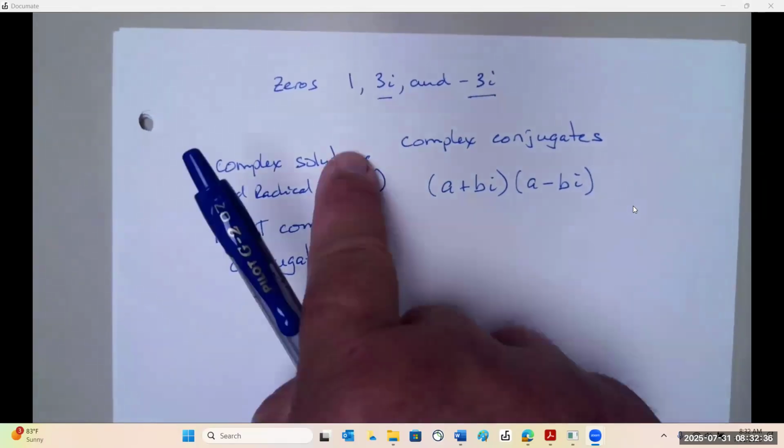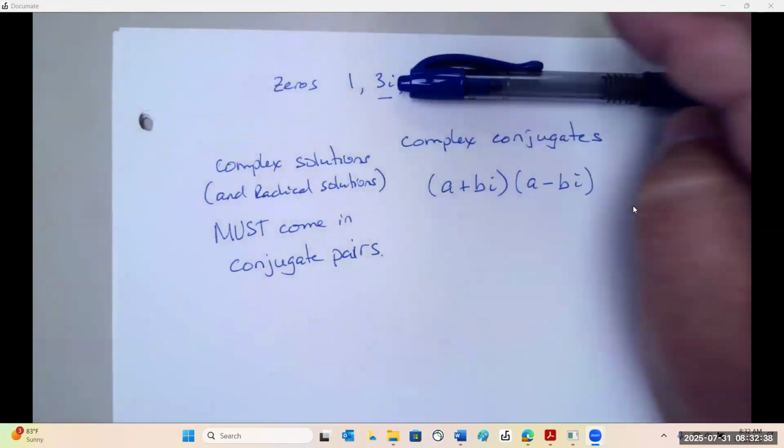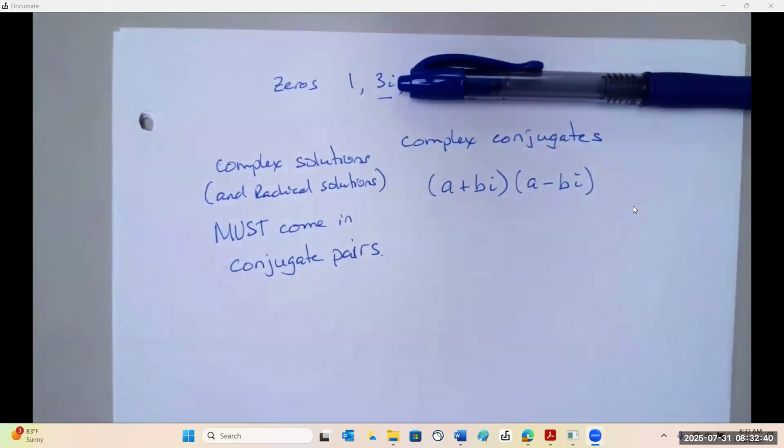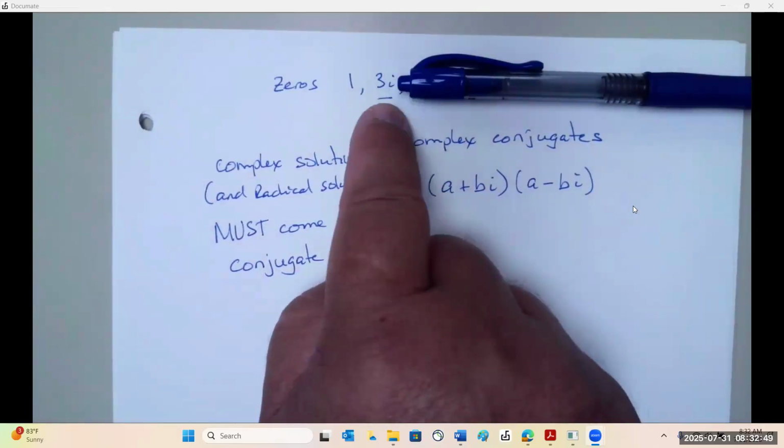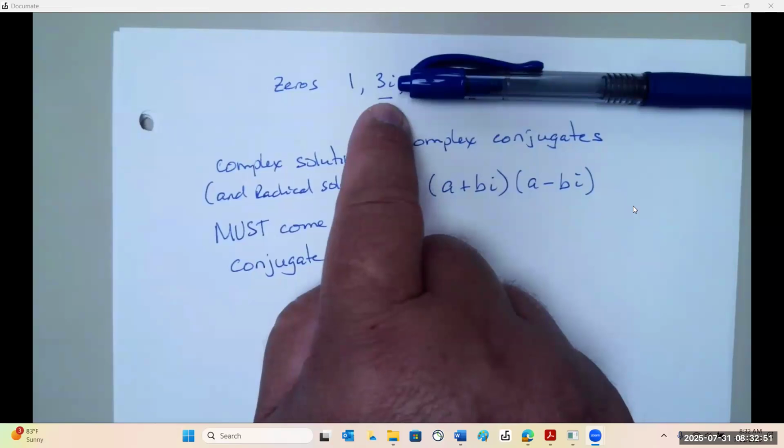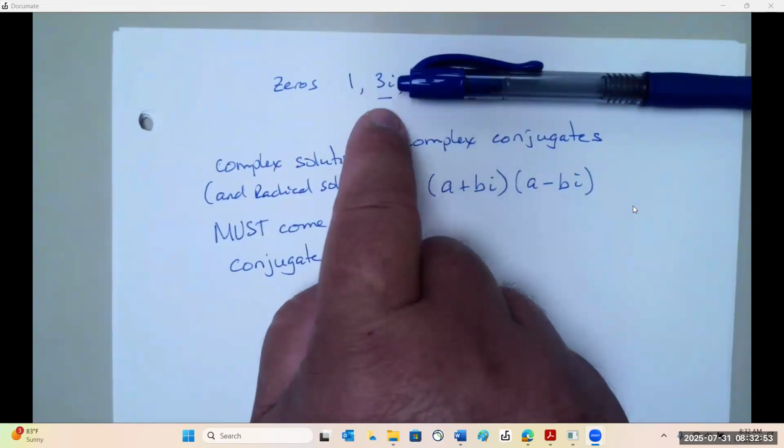So with this last example, if I would have just given you these two x-intercepts, and I've told you it's degree 3, you know you're supposed to have 3 answers, only gave you 2 of them, that's an imaginary, so we should know automatically that we're missing a negative 3i.